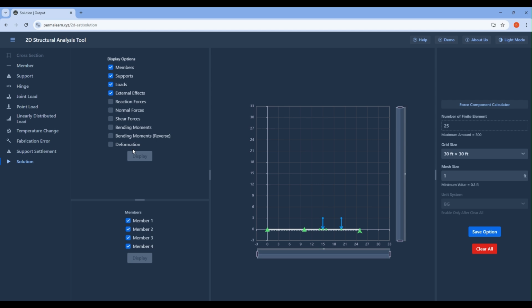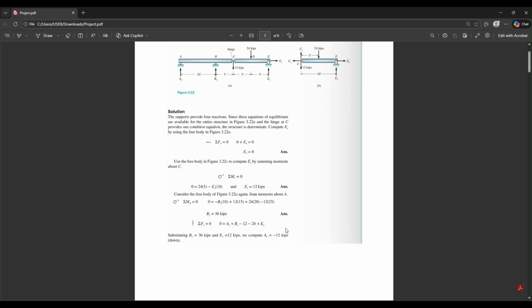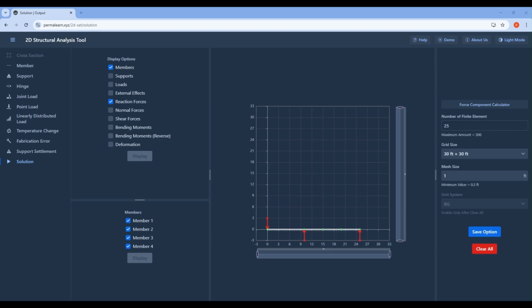So we just click the reaction and unclick the other three, then display. As you can see, AY is equal to negative 12, BY is equal to 36, and EY is equal to 12. So we need to check it with the solution book. AY negative 12, BY is 36, and EY is 12.